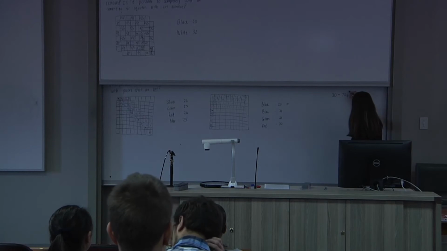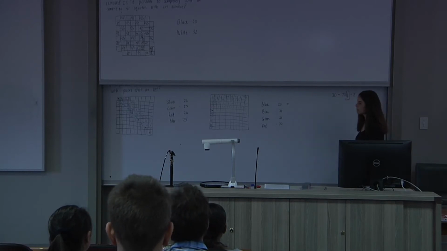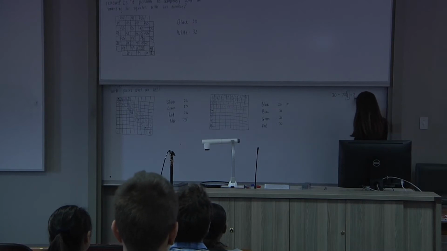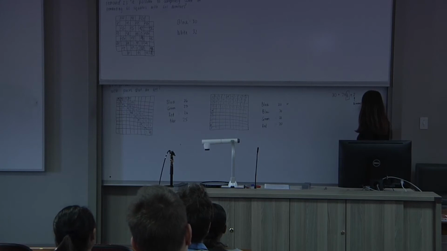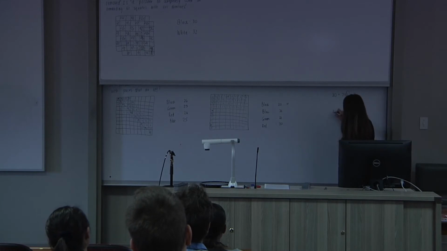So we care about this 4, because we want 30 to divide by 4, and we see that this is the remainder. Okay, so basically all we care about is the remainder in this case. If you took 40, you would see that it's 10 times 4, so there's no remainder.